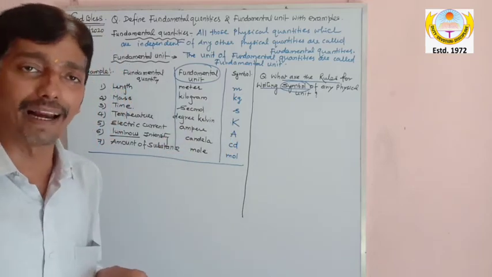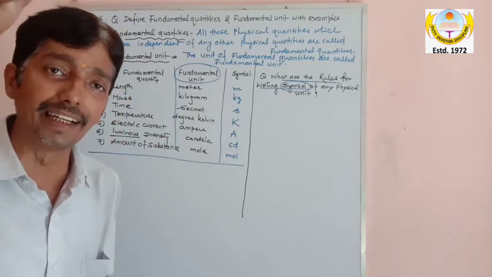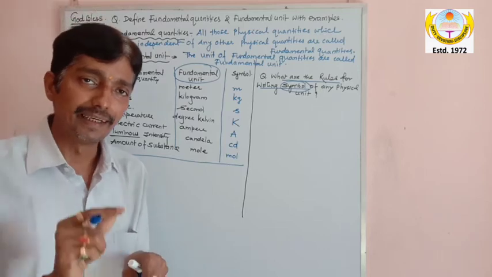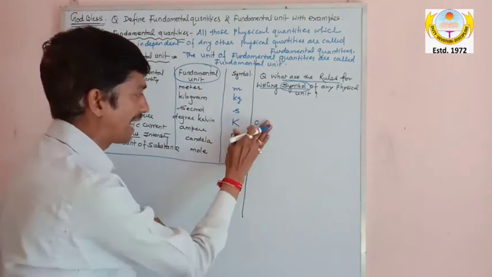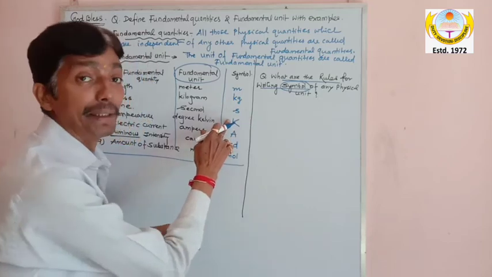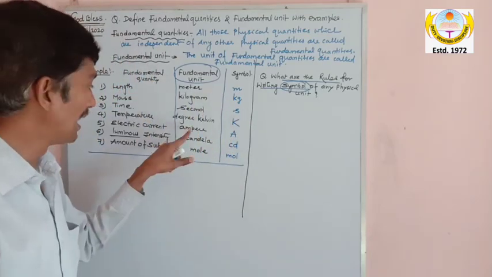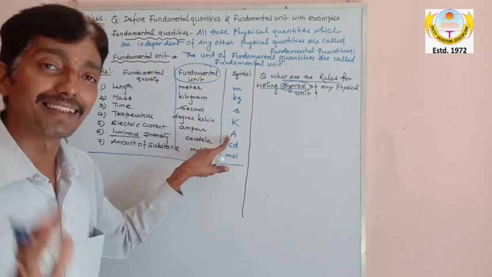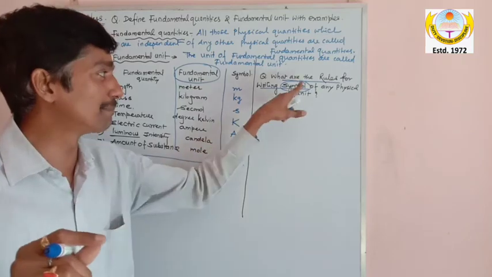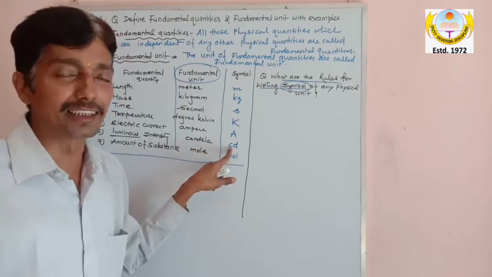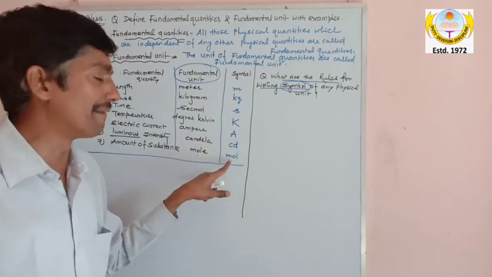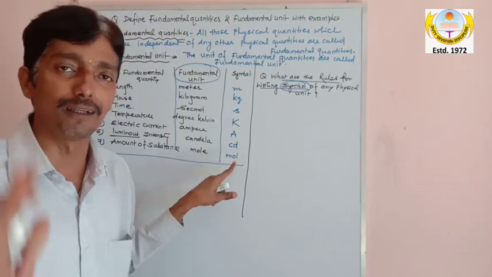While writing Celsius, we put the degree symbol, degree Celsius. But here I am writing capital K. Similarly, ampere, capital A. That comes under the rules. Candela I have written small c, small d. Even mole I have written mol, all small.